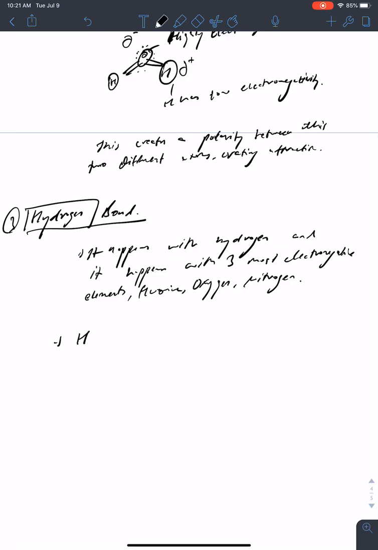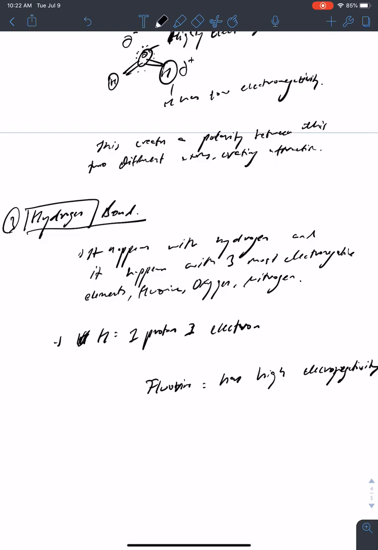So what happens is that we know that hydrogen has one proton, one electron, right? So let's take an example of fluorine, which has high electronegativity. So when it has high electronegativity, it wants electrons.